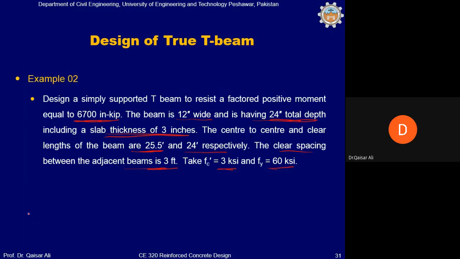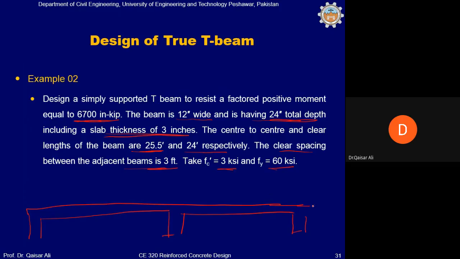So the situation is like this. This extends like this in this portion, and this is the spacing between the beams, which in this case is 3 feet only. Slab is 3 inch.